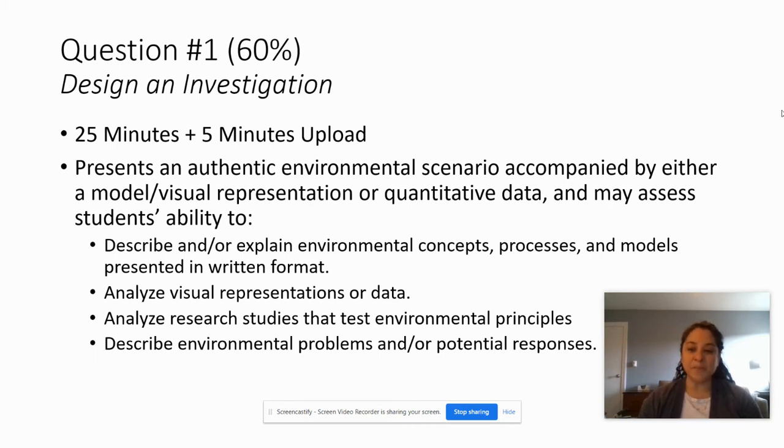The first question is 60% of your AP score, and it's basically designing an investigation. You have 20 minutes to write your answer and 5 minutes to upload it, however that looks. So you might be able to type and copy and paste into the testing browser, or you can handwrite it and take a picture and upload a photo.